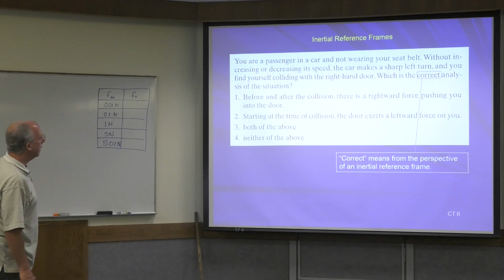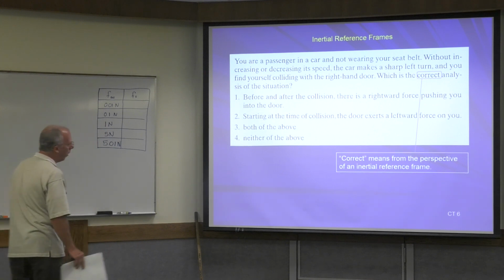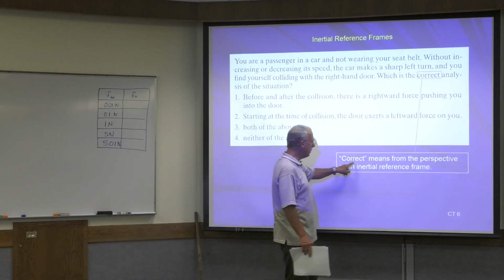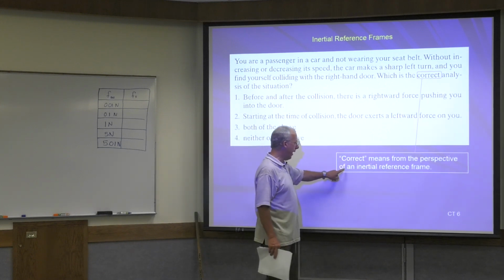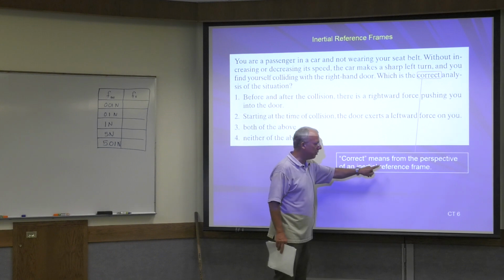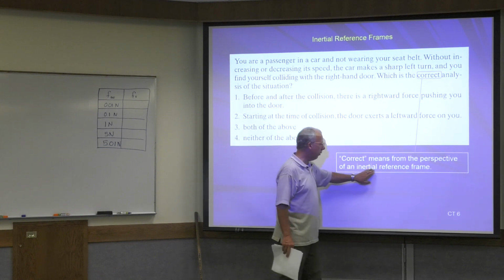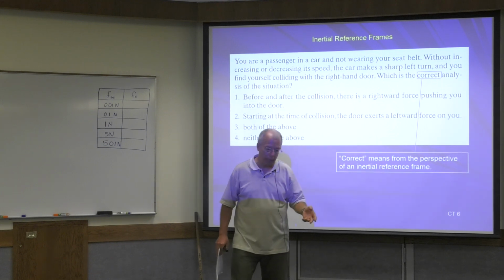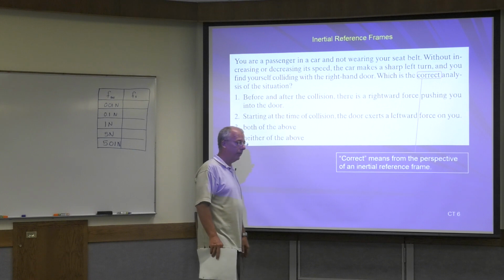Which is the correct analysis of this situation? Now hold it. What's correct mean? Correct means from the perspective of an inertial reference frame. We've talked about this before. Just to remind you, what does that mean? Inertial reference frame means a reference frame that is not accelerating.